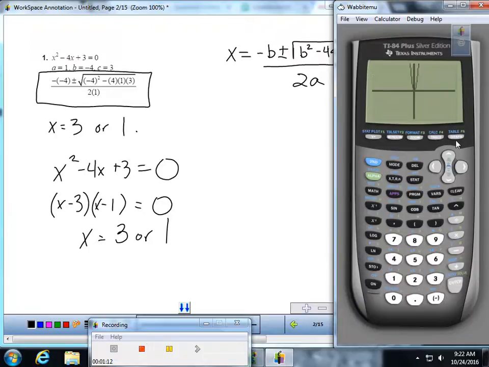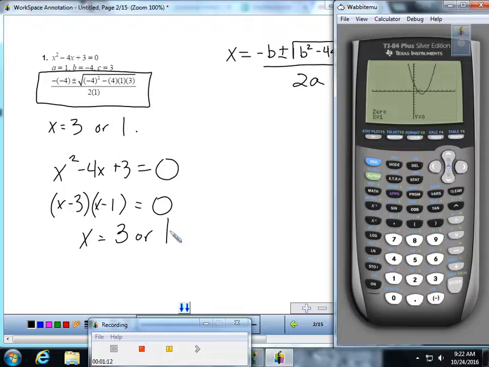Now, that's not a very good window, so I'm going to do my zoom 6. That's better. Now I do second, trace. I want my zeros. That's a good spot. Hit enter. Scroll right, get down below it. Hit enter. Would you like for me to take a guess? Yes. It says 1.